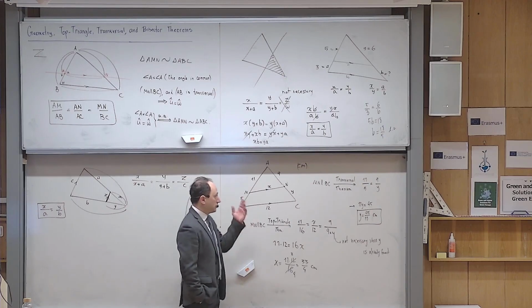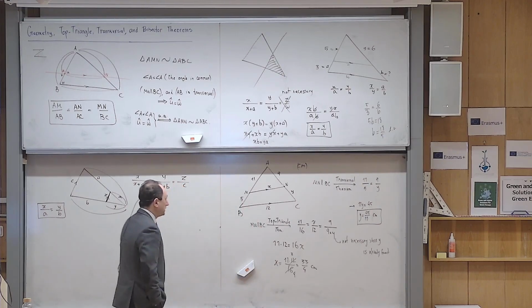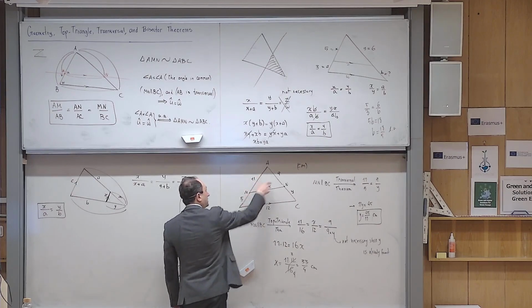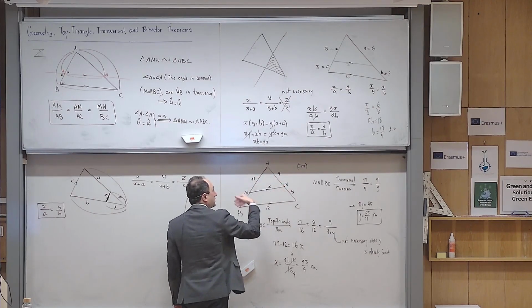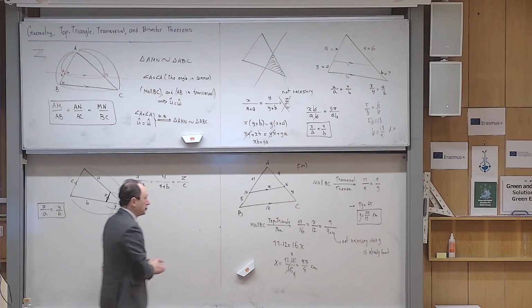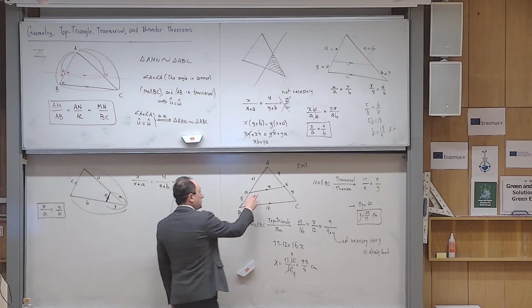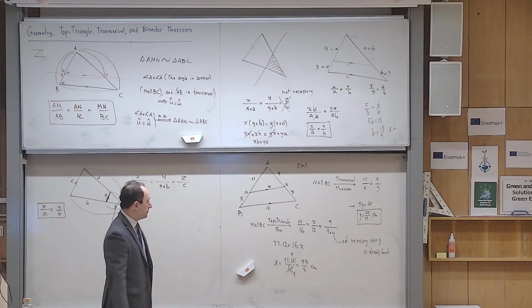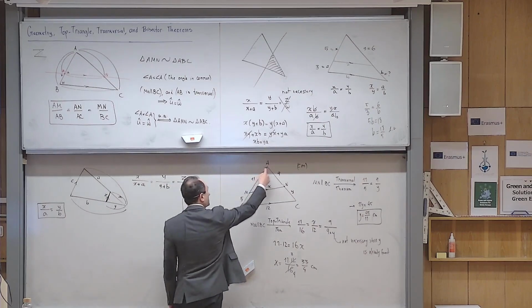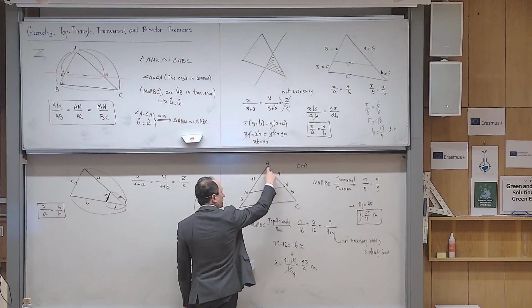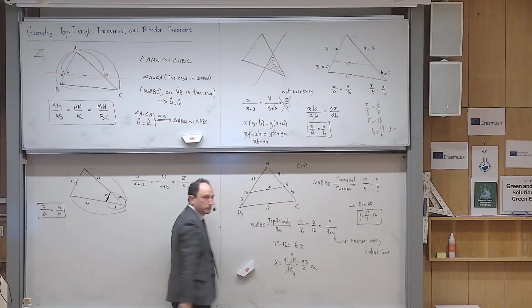You can use the transversal theorem, where you write this over that equals this over that, and you cannot continue with this one and that one. That's the end of the story. But if you want to write something about this one and that one, then you have to use the top triangle theorem. And this means that this length to the whole length is equal to this length to the whole length is equal to that one to that. Yes? That's it.